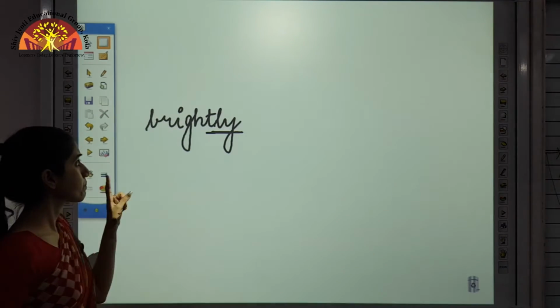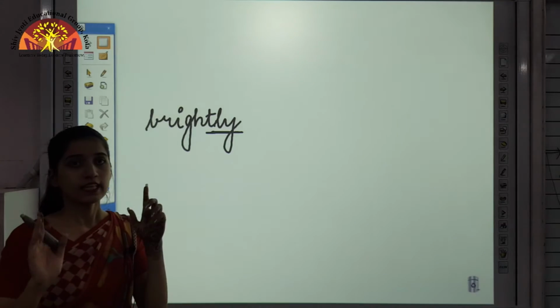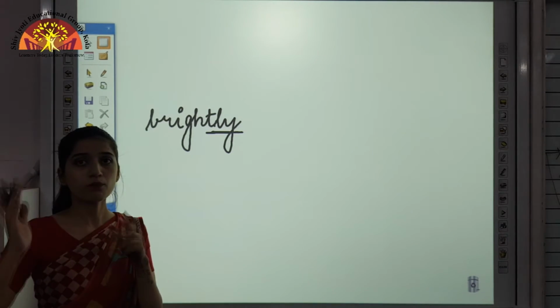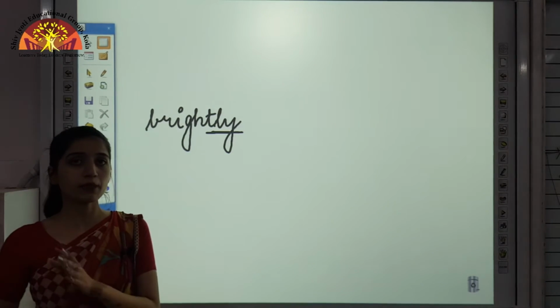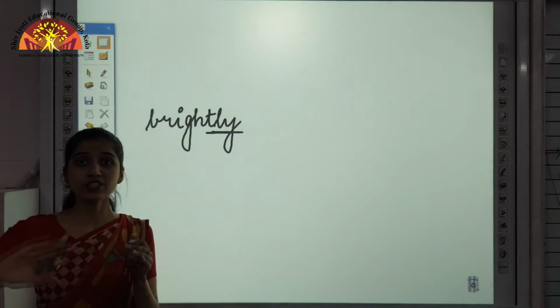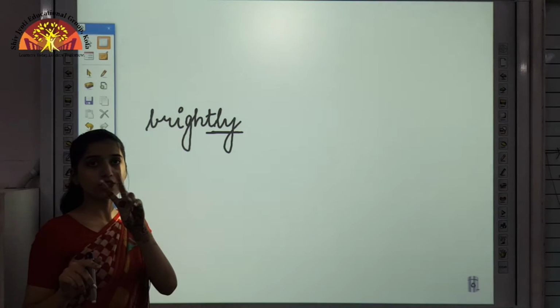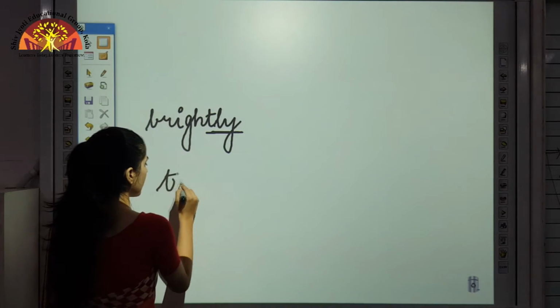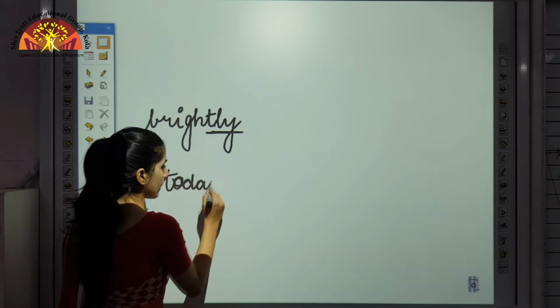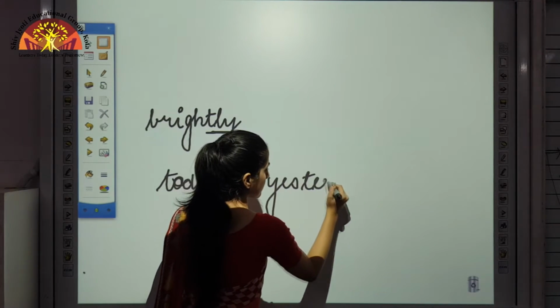First of all, we need to see that in the sentence, the sun is shining brightly today, but it was shining dash yesterday. So we are comparing between two days, that is today and yesterday, isn't it?